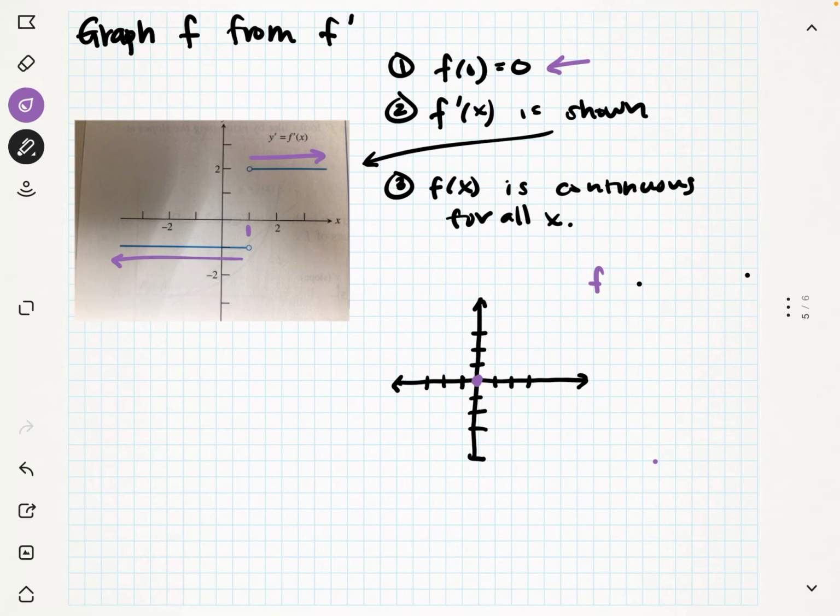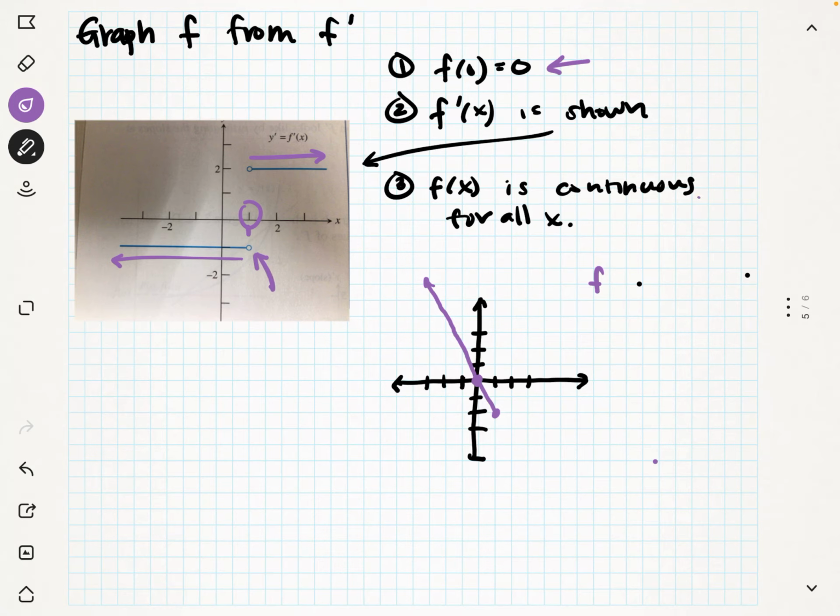All right, so let's start at our origin. At our origin, our slope is negative 2 all the way until we hit 1. We're going to go all the way till we hit 1 and stop there, because that's where it stops being negative 2.